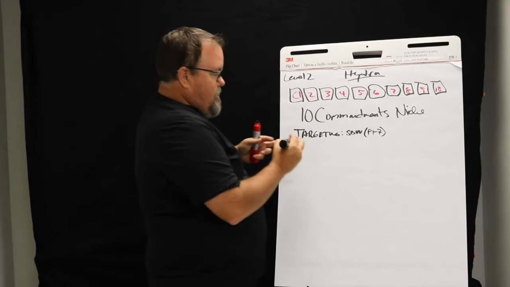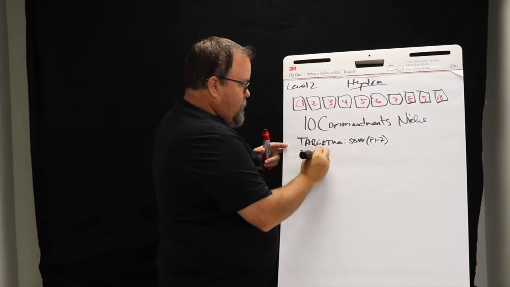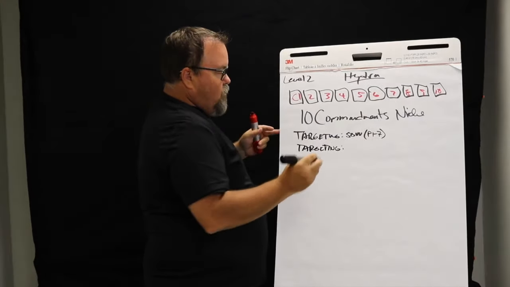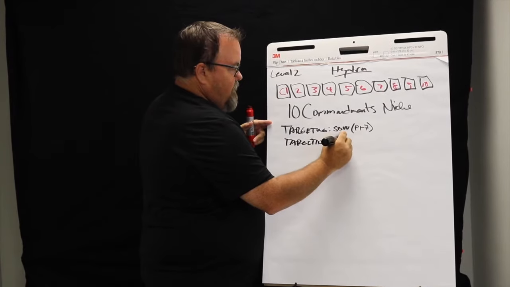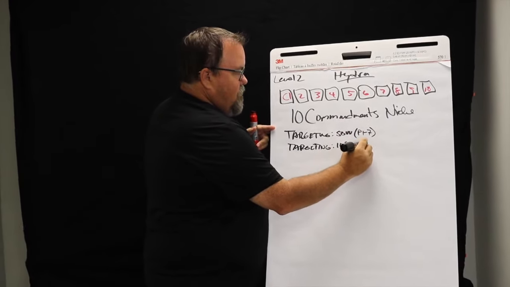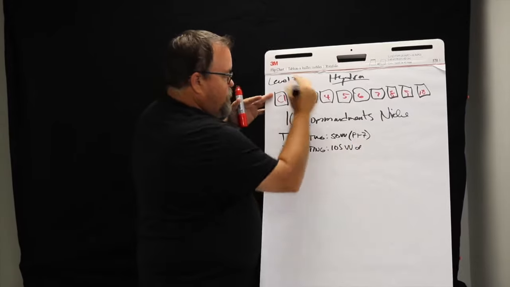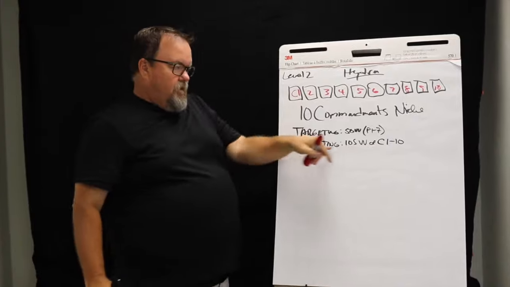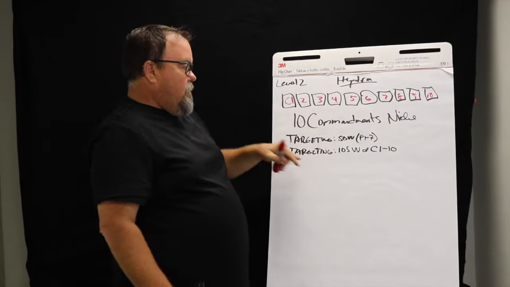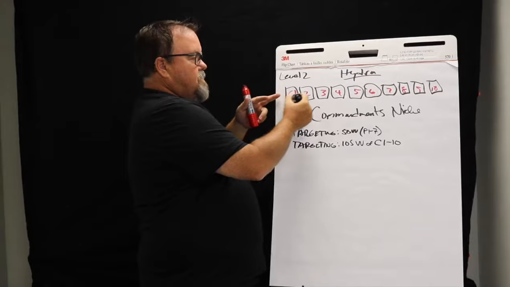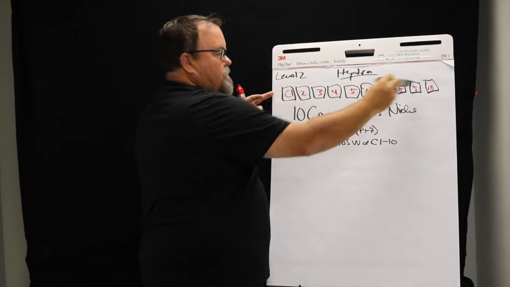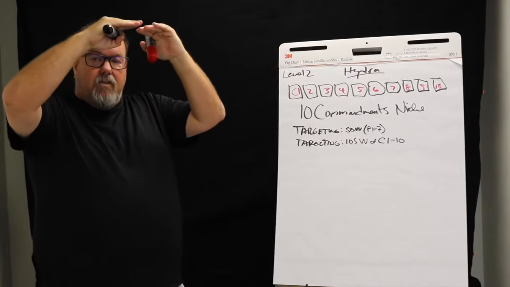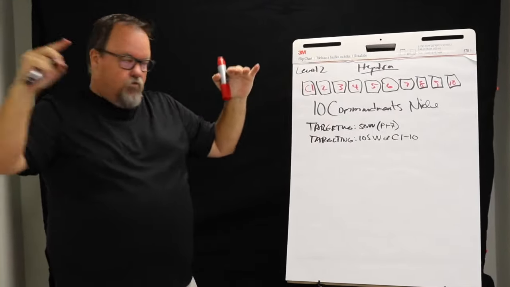Then the next thing is the targeting part 2, again because of the way Facebook works, is a 10-second view of level 2 of C1 through 10 is going to be your targeting here. So if they somehow see 10 seconds of one of these, you want all the rest of them to start being displayed to them, so they drop down completely into that level. So now they're able to see level 1 and all of level 2, right?